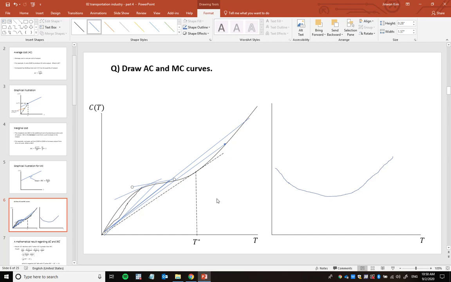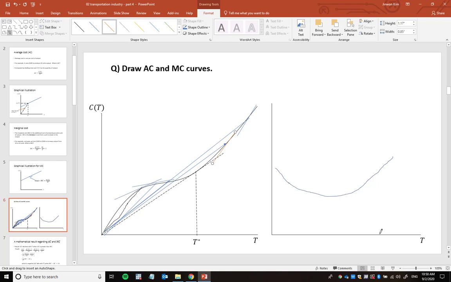But after T star, as you can see, marginal cost is larger, because it's steeper than this line. So marginal cost is larger after T star. Given this, you can draw the average cost curve in this way.